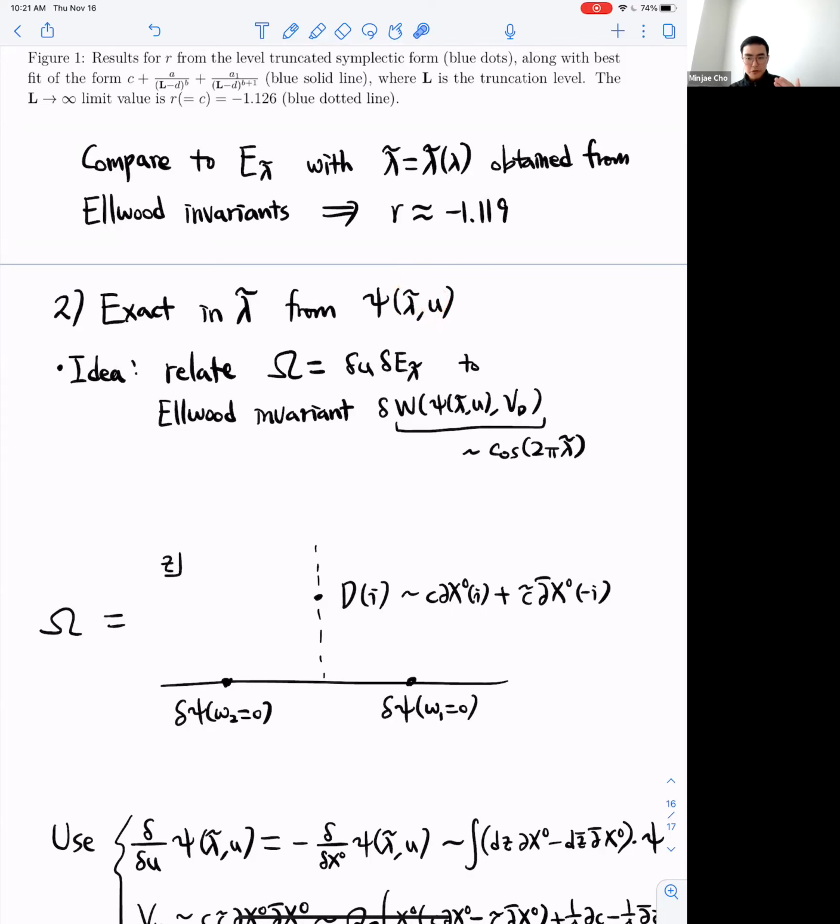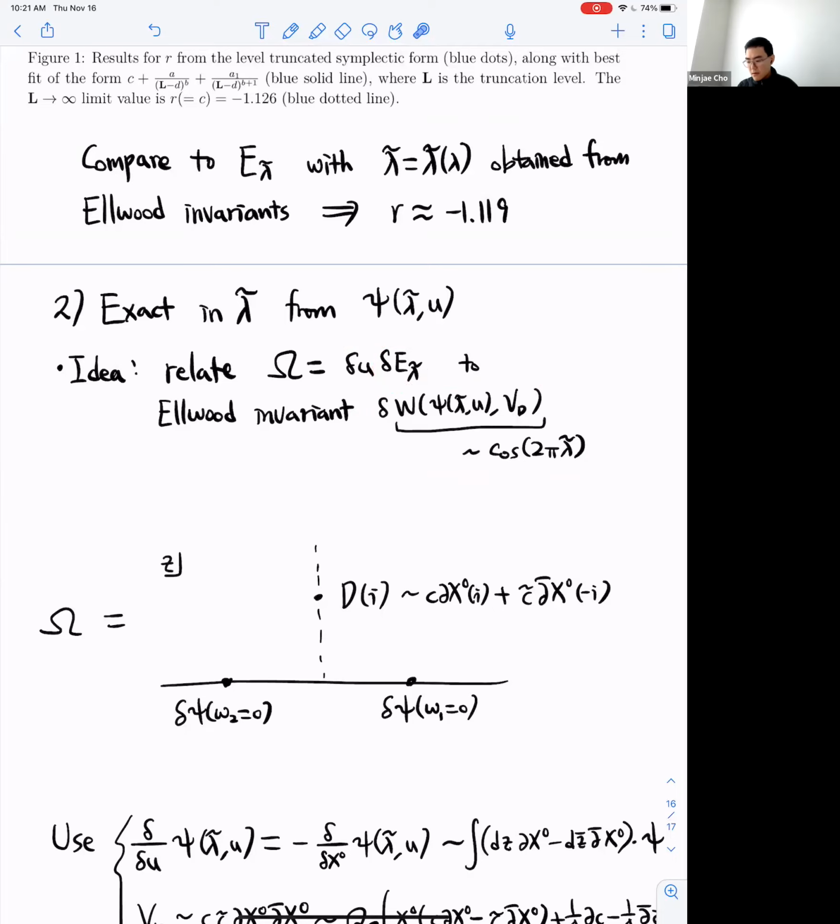As I already told you, the energy expression that Ashok wrote down was basically equivalent, in terms of the lambda tilde dependence, to the Ellwood invariant of the zero momentum dilaton. So the idea is that we have the symplectic form. Whatever the solution is, we can write it in this form. And we can actually try to relate this thing with this thing.